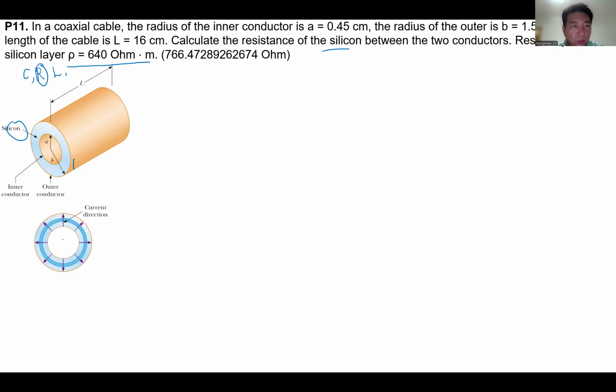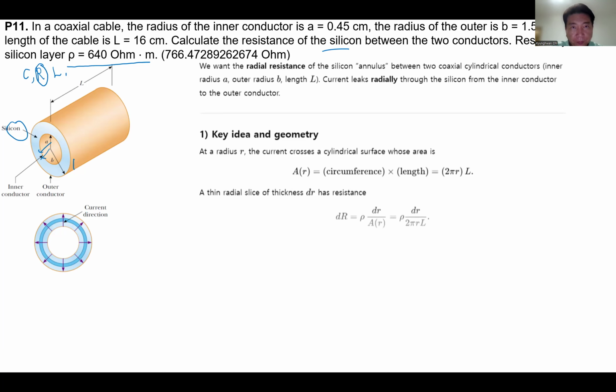If you think that current is flowing in this direction, then you are getting the problem wrong. As it says, there's a flow of current in the radial direction. So that is an important setting.